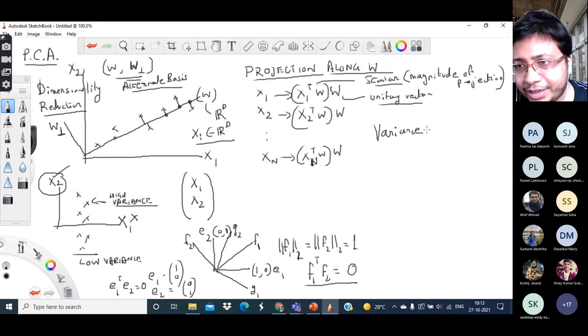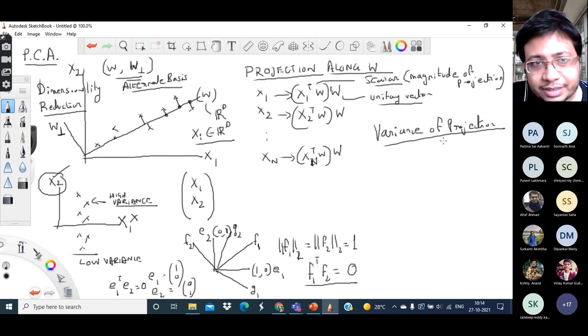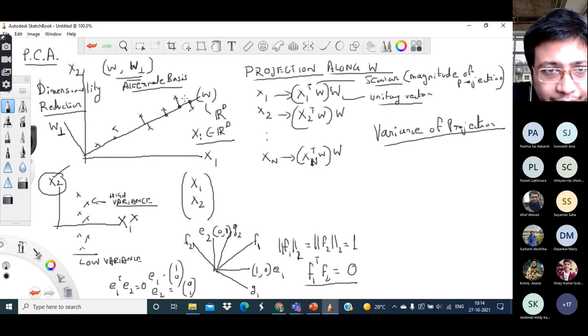So what I need to calculate here is the variance of the projections of the data along W. If you consider this point or this point or this point, etc., you can now focus only on this single line.